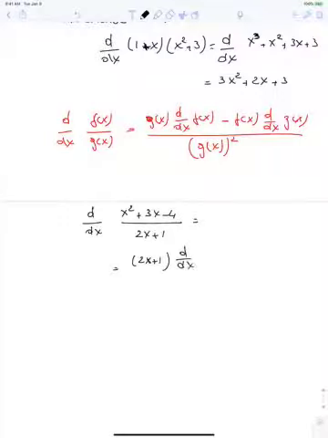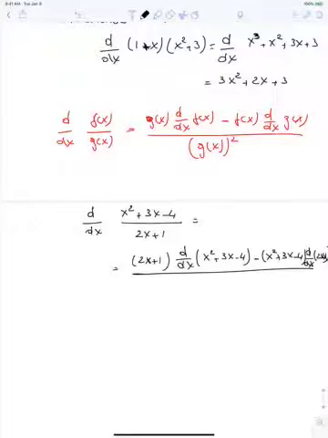So I'm going to write it just for the first time. Minus the numerator times the derivative of the denominator, divided by 2x plus 1 squared.